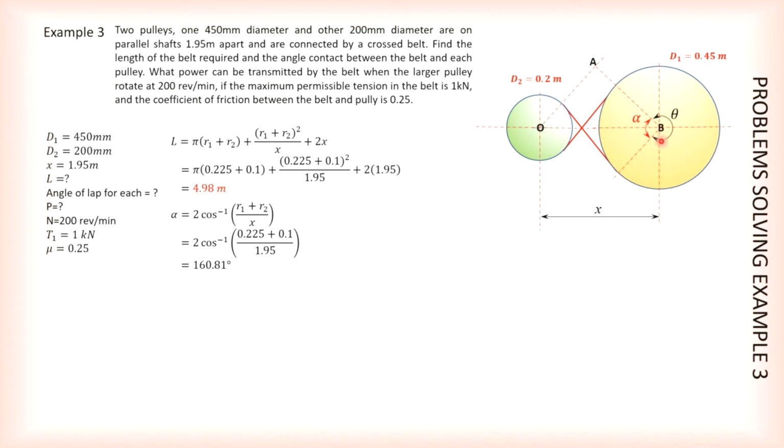So to find out the angle of wrap, that is theta in this diagram, you can take 360 degrees minus 160.81. So you got 199.19. Then you can at the same time convert these to radians straight away. Divide by 180 times pi. So you got this in the form of radians.